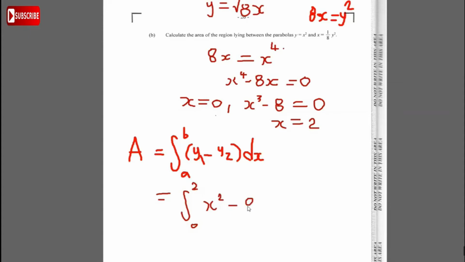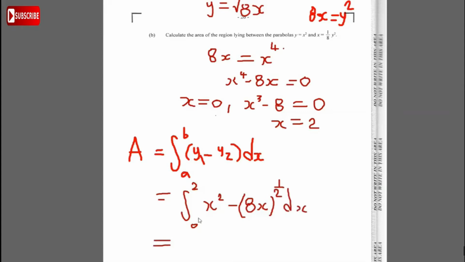This is 8x raised to the half power. All right, dx.